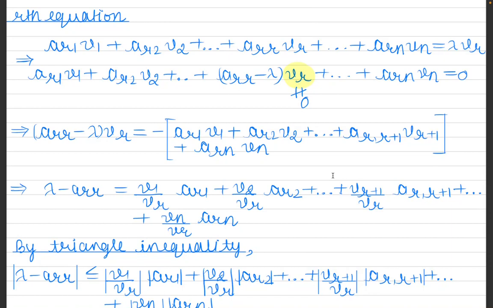And you will have lambda VR here. So you take that right hand side to the left hand side, and you will have AR1 V1 plus AR2 V2. Here you will have ARR minus lambda VR, and everywhere else you will have the same thing, no change. So this will be 0.